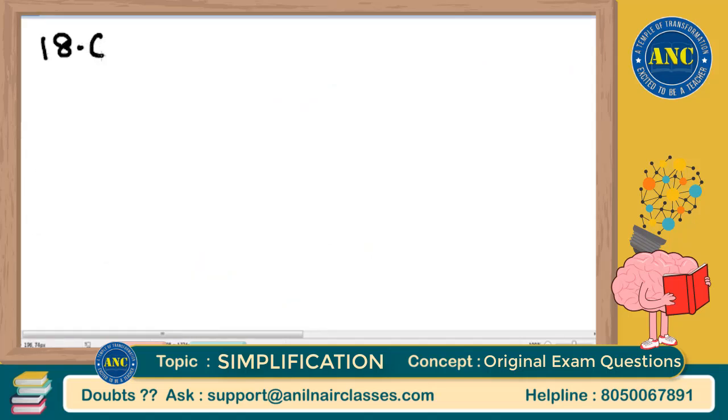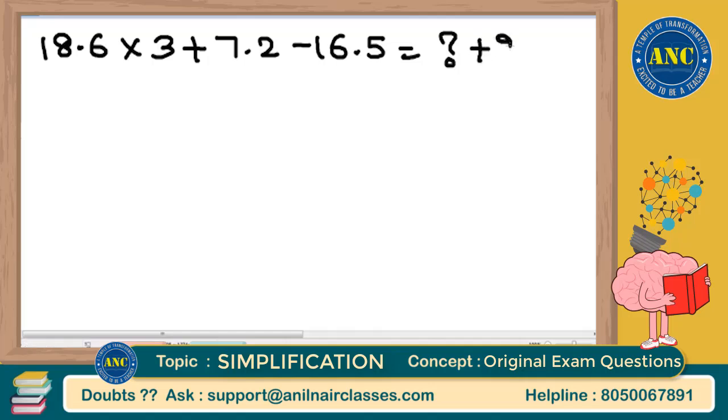Question: 18.6 into 3 plus 7.2 minus 16.5 is equal to question mark plus 21.7. Now everyone observe carefully here. 18 into 3 is 54, 0.6 into 3 is 1.8. This is 55.8.